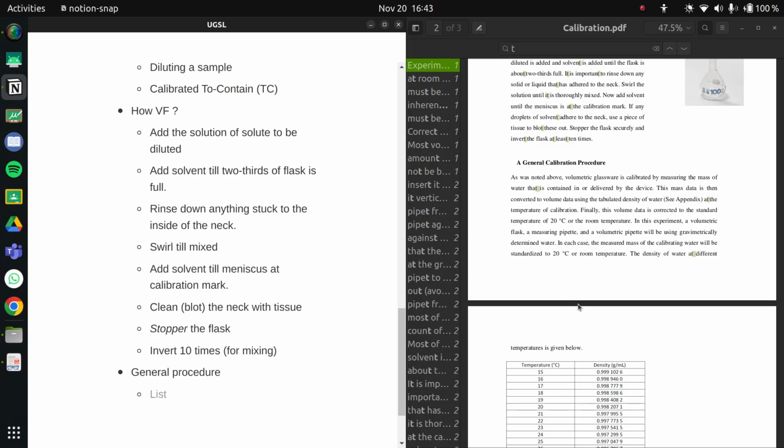Okay, mass of water. It's kind of also like the volume, isn't it? Anyway, this mass data is then converted to the volume data using the tabulated density of water at the temperature. Oh, okay, I see. So the marking that you will have on the glassware will actually be based on how much mass there is. That's a very weird scenario, isn't it? Sure is.